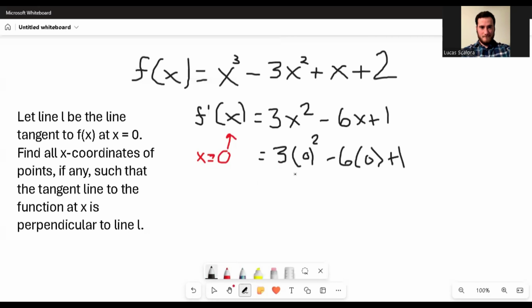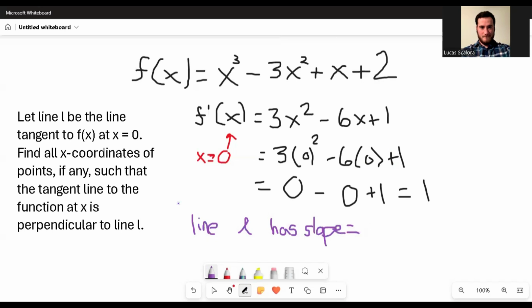This is 0, 6 times 0 is 0, and plus 1. So the slope is 1. Line L has slope of 1.